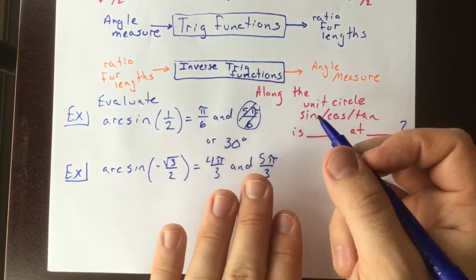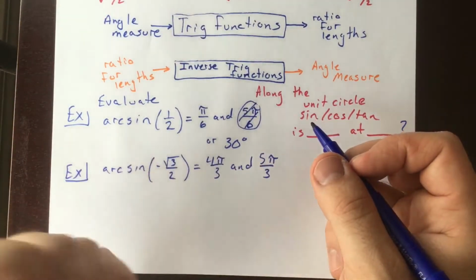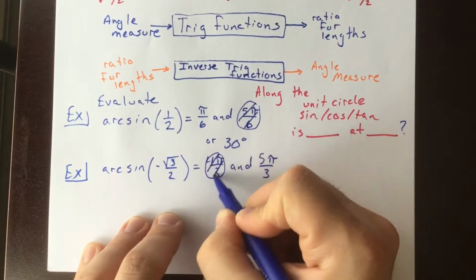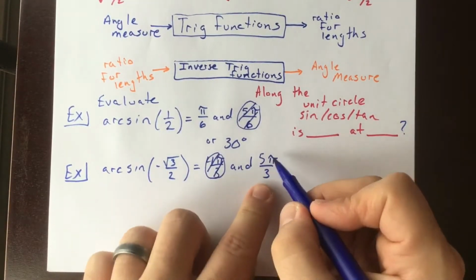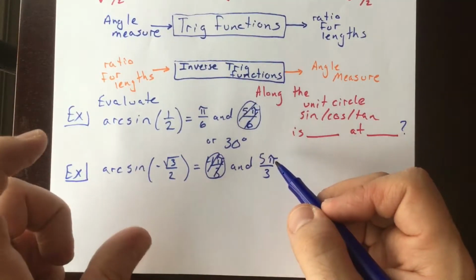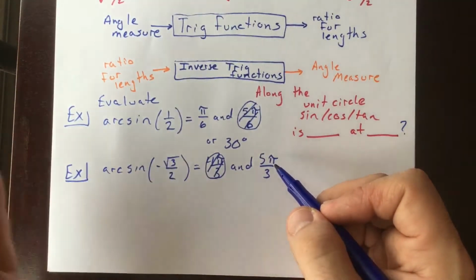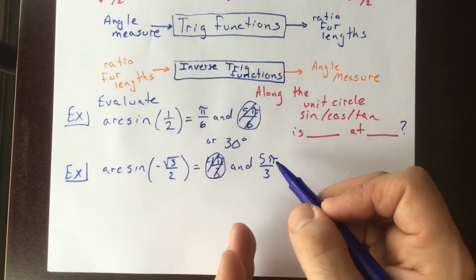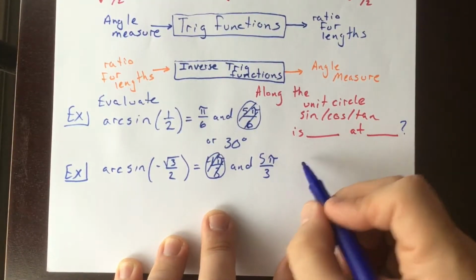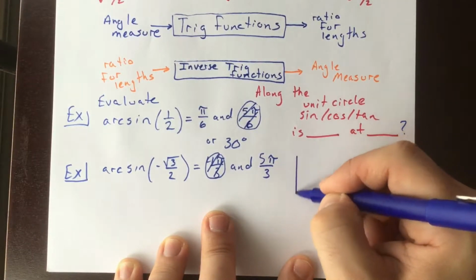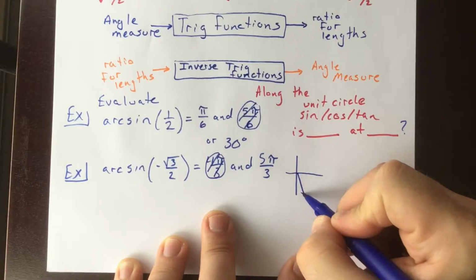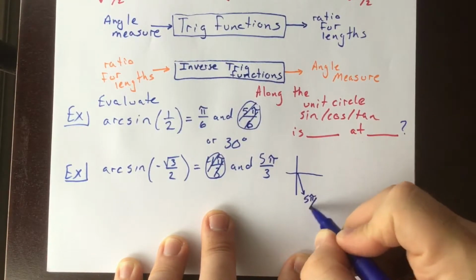But thinking we're in quadrants 1 and 4, 4 pi over 3 is in quadrant 3, that's not good for us. But 5 pi over 3, that's not within our range. Our range went from negative pi over 2 to positive pi over 2. So 5 pi over 3, if I'm thinking of the unit circle here, I'm right here for 5 pi over 3.